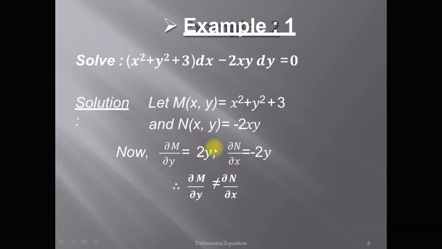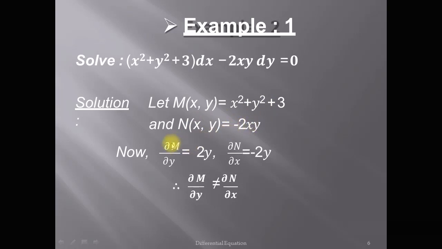Now for example, this is the differential equation. The coefficient of dx is denoted by M, and the coefficient of dy is denoted by N. So the M function is x squared plus y squared plus 3, and the N function is minus 2xy.